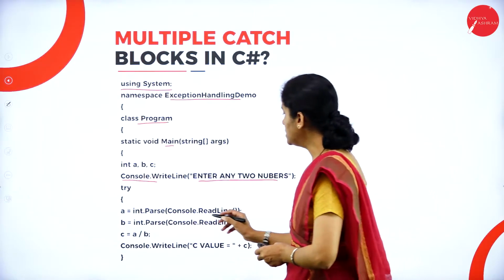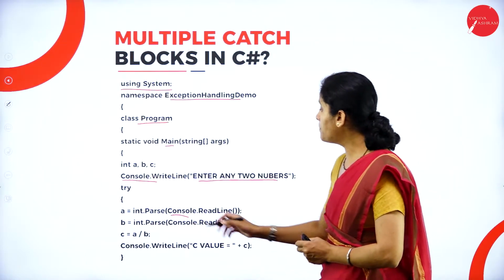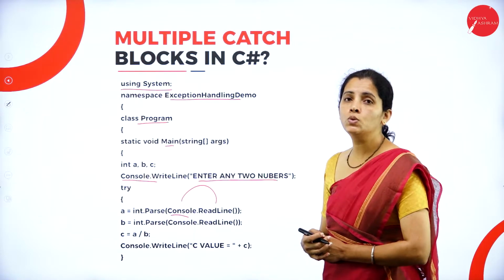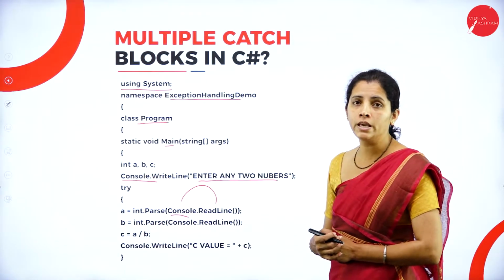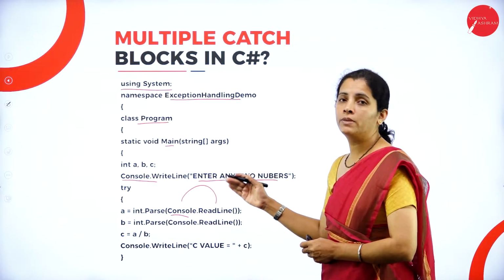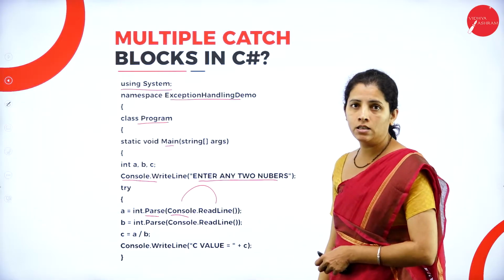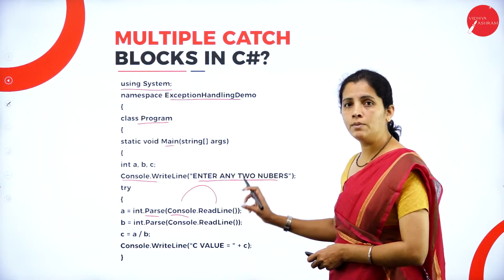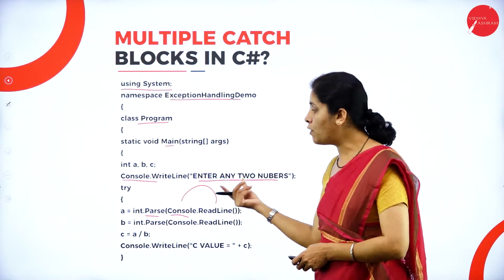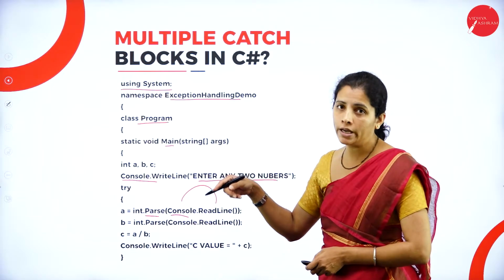So dear students, see here, Console is a class that supports the ReadLine method, and this method is used to read the input from the user, from the keyboard. Now why is it Parse int? Because whatever input I read from the keyboard is in the form of a string. Now I want to convert that string into an integer.